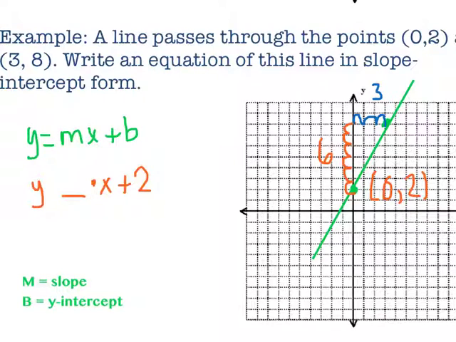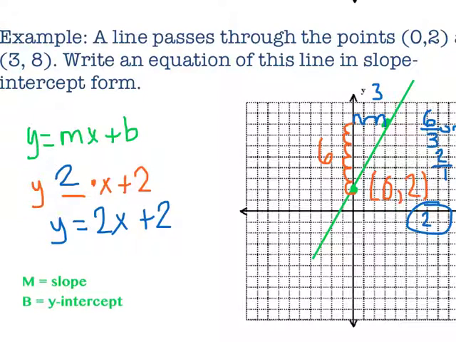And so my slope is 6 over 3, or 2 over 1, or we can just write 2. And so in my equation, my slope, my m, is 2. And so this equation is y equals 2x plus 2.